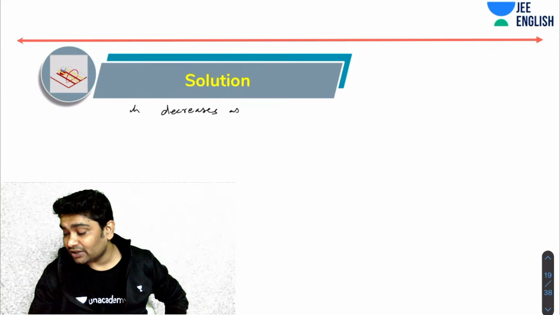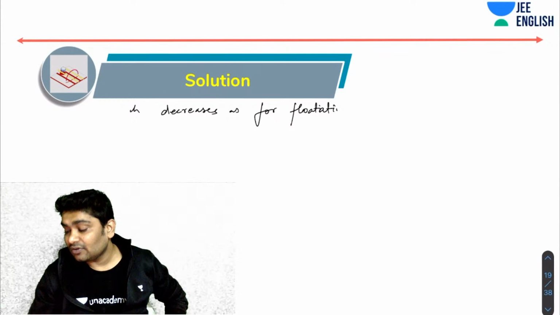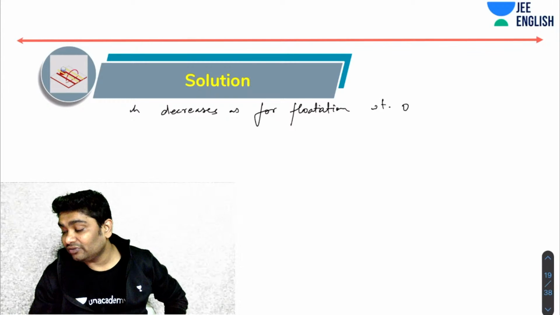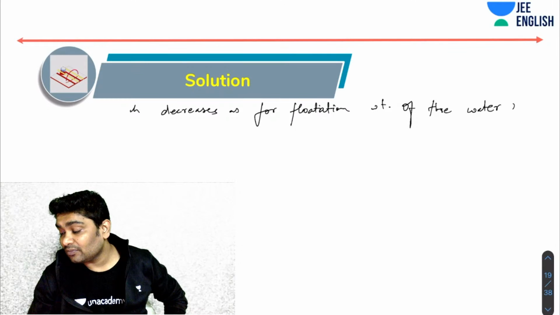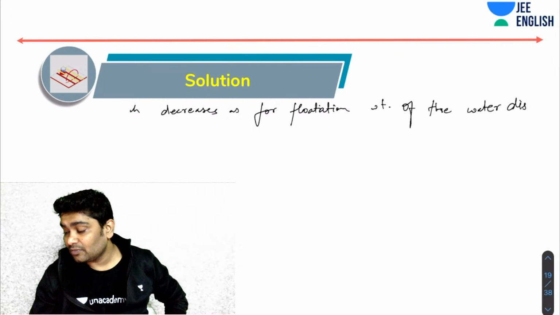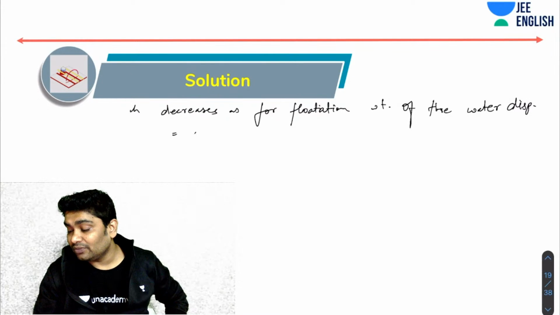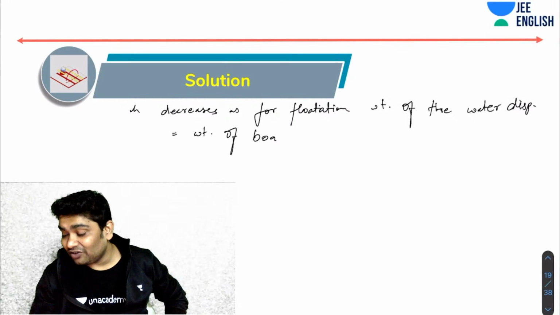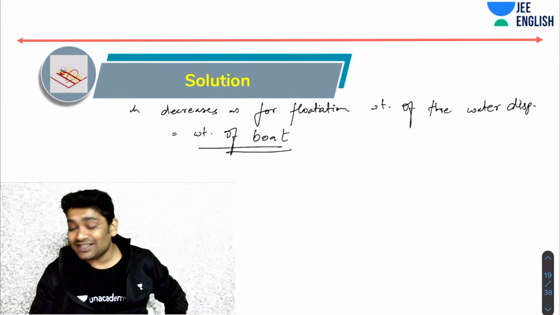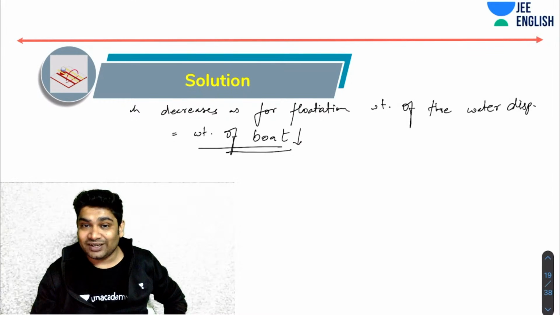As for flotation, the weight of the liquid displaced, or water displaced, must be equal to the weight of the boat. Correct. Now, because you're throwing the balls out, the weight of the boat is decreasing. Since this is decreasing, the other thing should also decrease.